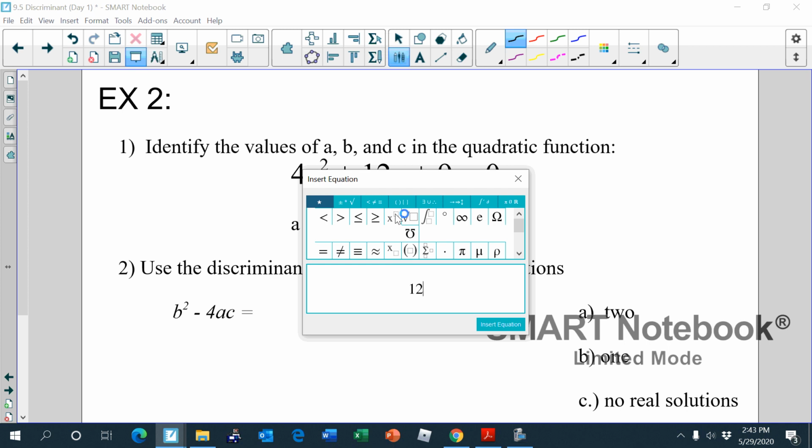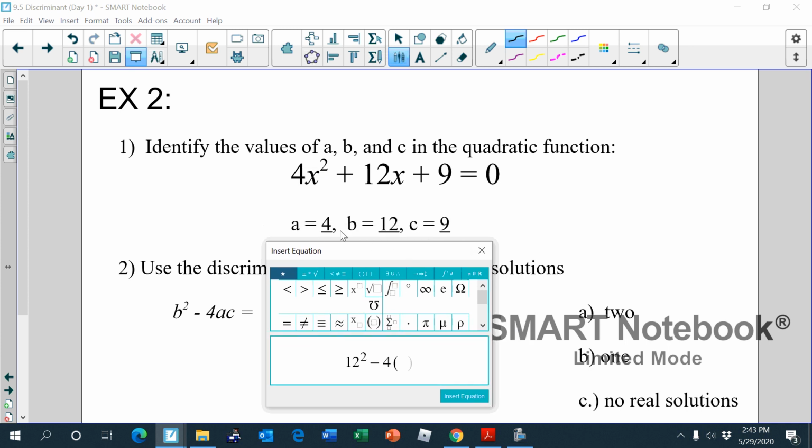12 squared minus 4 times a, which we said was 4, times c, which we said was 9, right? So it's b squared minus 4ac.